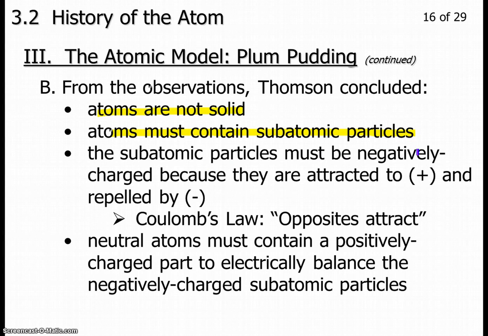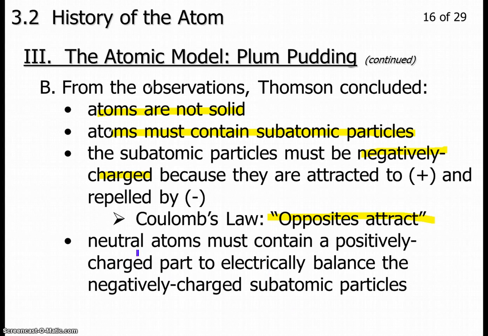These particles must be negatively charged, and this is because they are attracted to the positive side and repelled by the negative side of the electric field. This is Coulomb's law, which is, just in short, we say opposites attract. So a positive and a negative charge will attract each other, which is why magnets work the way they do. However, two positive charges or two negative charges are going to repel each other.